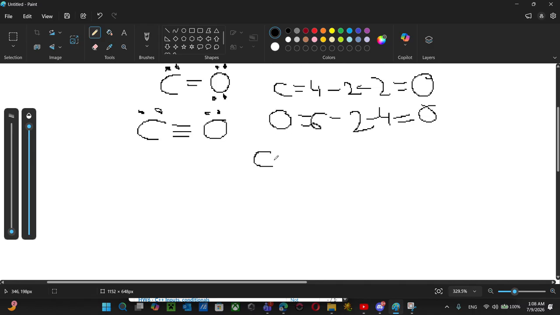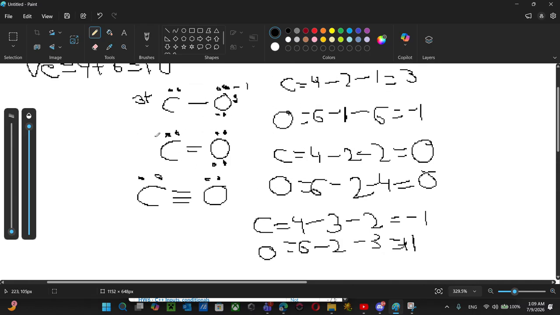So this one will be C is equal to 4 minus 3 pairs, 2 electrons. That would give you negative 1. Oxygen will be 6 minus 2 electrons minus 3 bonds. That'll be 1.